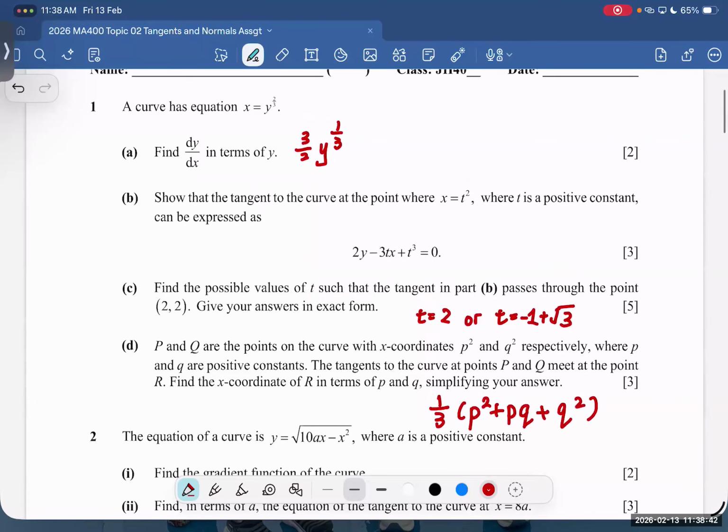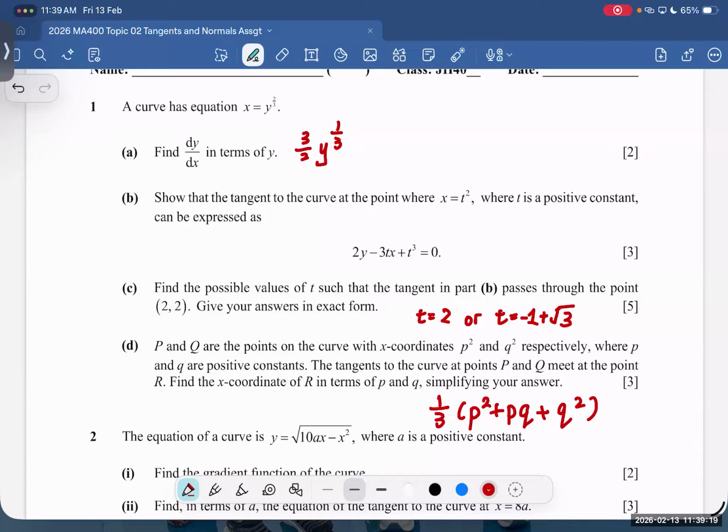Okay, so may I ask if there's any question that you want me to go through? The whole question one, okay? It's pretty hard. Yes, you can. D, right? Okay, D. C. A. B. B is okay.